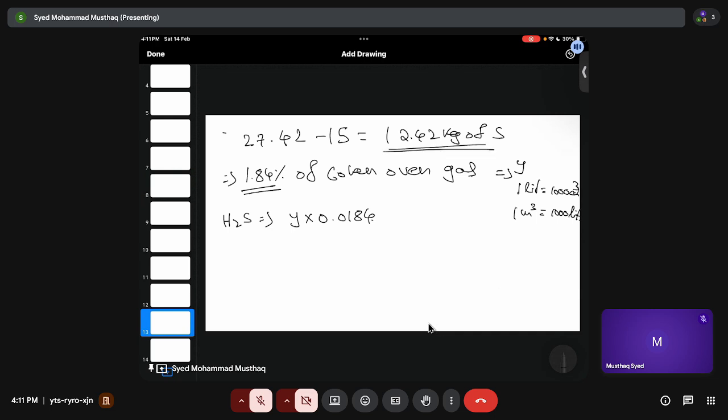Now what is the amount of sulfur present in H2S? Sulfur weight is 32, hydrogen is 1 plus 1, 2, so this will be 34. 34 grams of H2S contains 32 grams of sulfur. What about if 12.42 of sulfur?